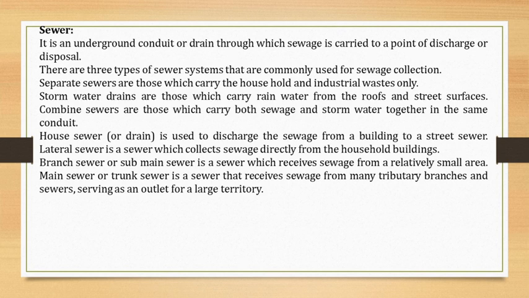Domestic waste characteristics are very different from those of industrial waste, and industrial wastewater is much more polluted and harmful than domestic wastewater. So that's why for the transportation of industrial wastewater we use a separate sewer.